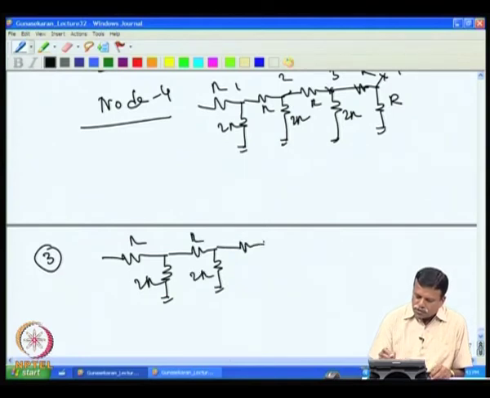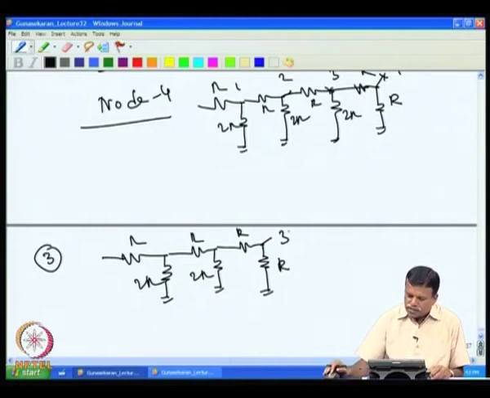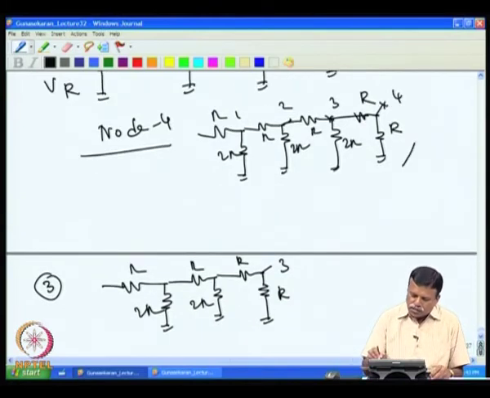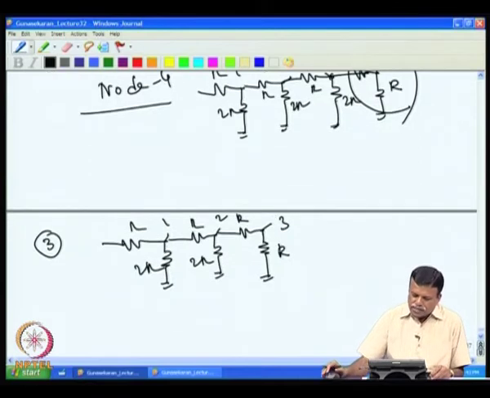Third one I can show this is R, and then I can write it as R. This is node 3, because if you see this, these two constitute 2R, and that parallel to 2R, that makes it R. So, you have R, 2R, this is node 1 and this is node 2, and that becomes a node 3. So, this again is simplified.